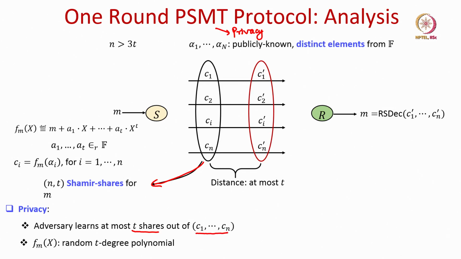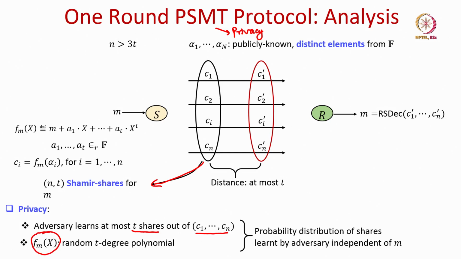And what was the degree of Shamir sharing polynomial? It is a random t degree polynomial, and we have proved in our earlier lecture that in the Shamir secret sharing scheme, if there is an adversary who gets at most t shares, its probability distribution is independent of dealer's secret, and that is what precisely is happening.